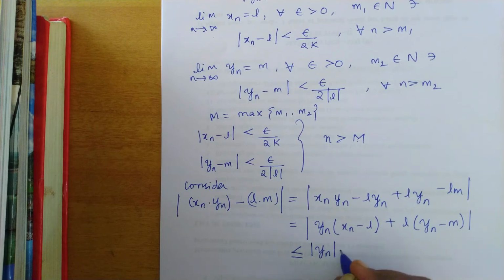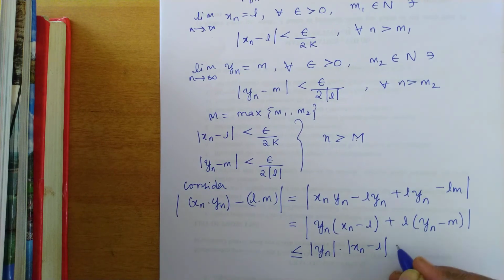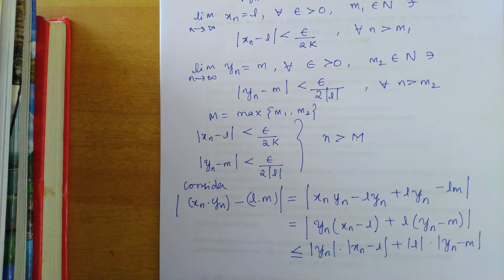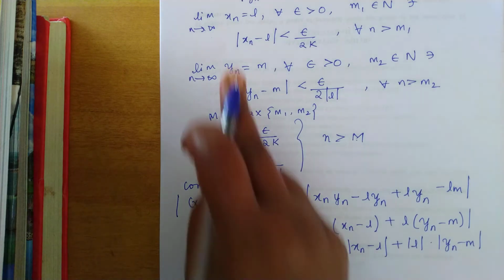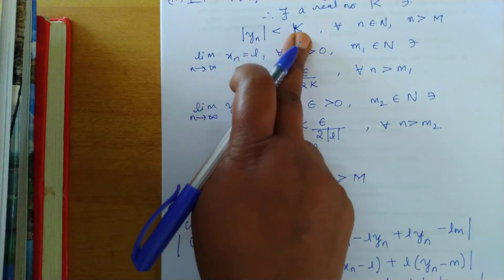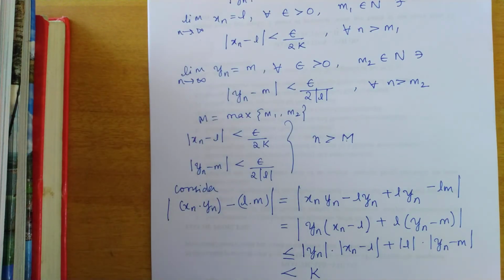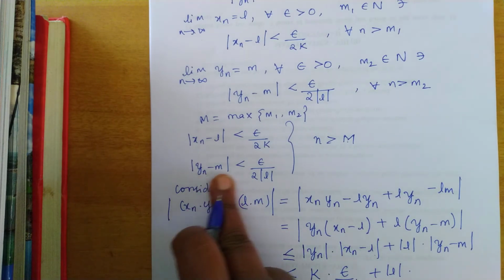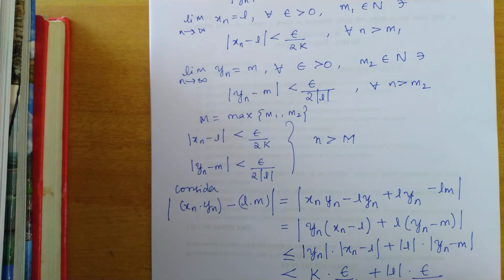Modulus of yn dot modulus of xn minus L plus modulus of L into modulus of yn minus m. Now which is less than? What is modulus of yn? We know modulus of yn is less than K, so let us write this as K dot, what is modulus of xn minus L? We know it is epsilon by 2K. Plus modulus of L as it is, and modulus of yn minus m is epsilon by 2 modulus of L. So it gets cancelled.